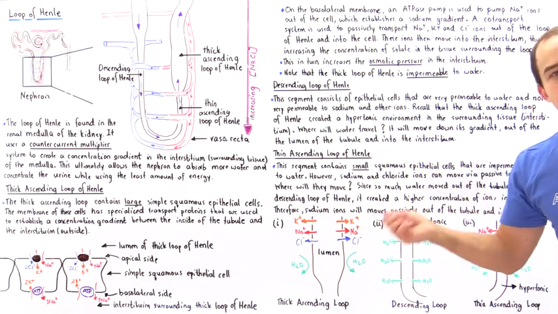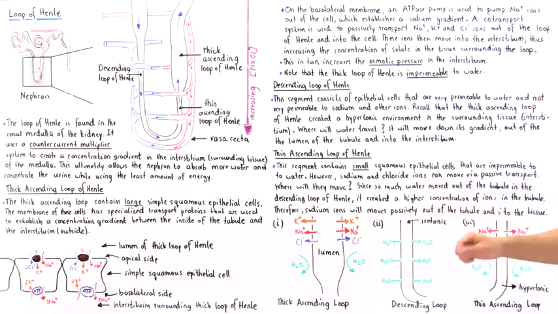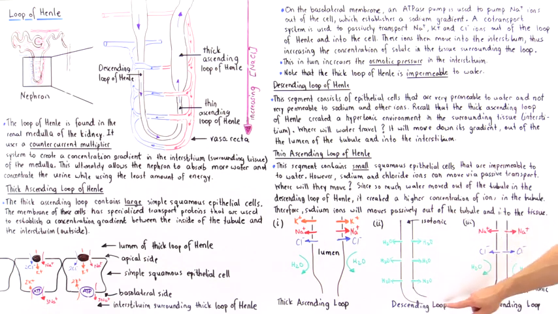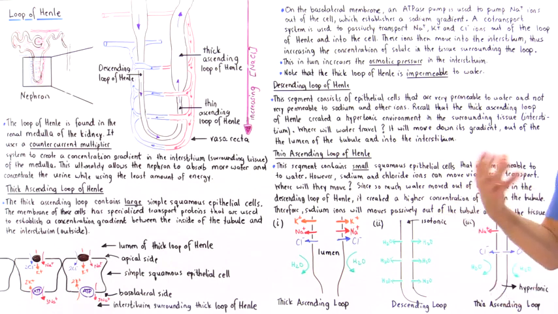Well, recall that as the filtrate travels down the descending loop of Henle, the inside becomes more concentrated. So the relative amount of solutes inside our filtrate increases. And at the bottom of our loop, we have a hypertonic environment, hypertonic with respect to our interstitium.